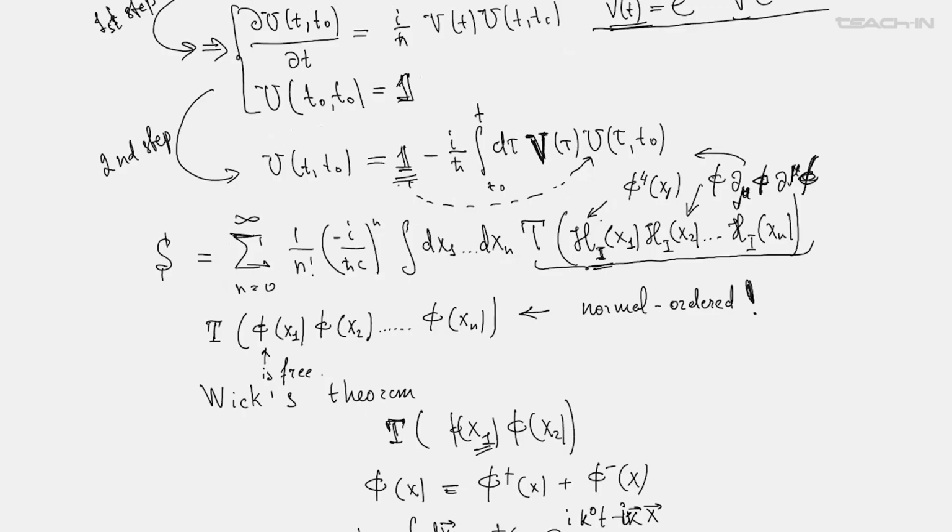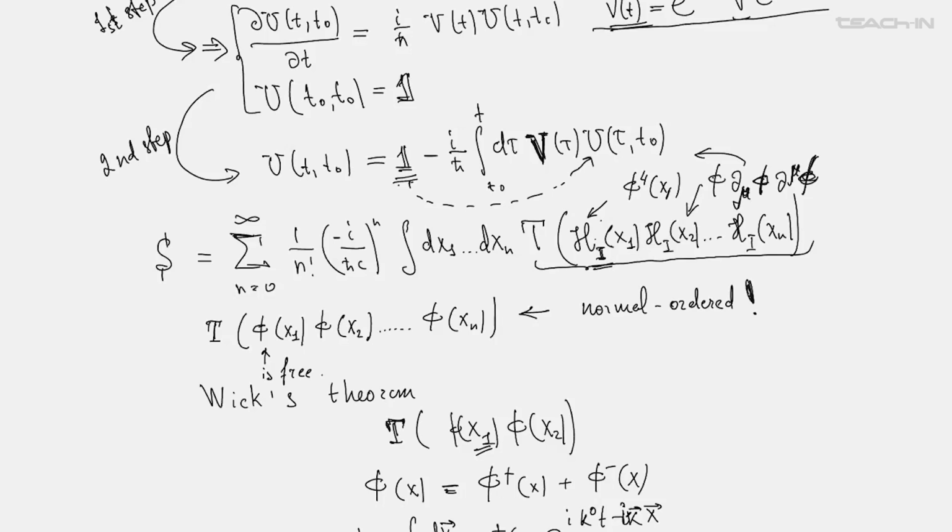The information about the interaction now sits in the expression for this Hamiltonian HI in terms of these free fields. For instance, if this is a phi 4 theory, then this HI is the field phi to the power 4. But this field evolves freely, that means by means of the free Hamiltonian.